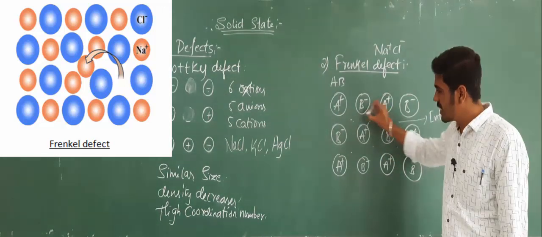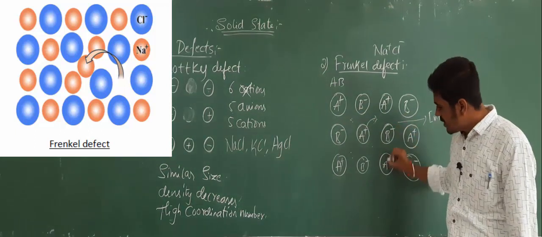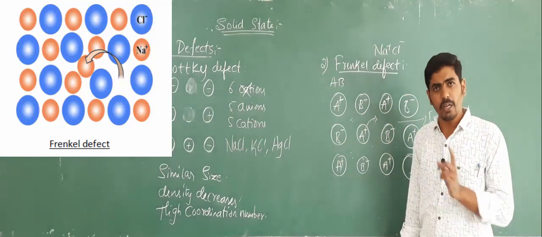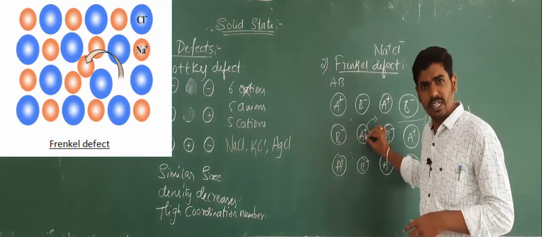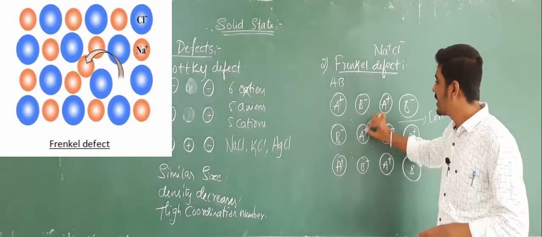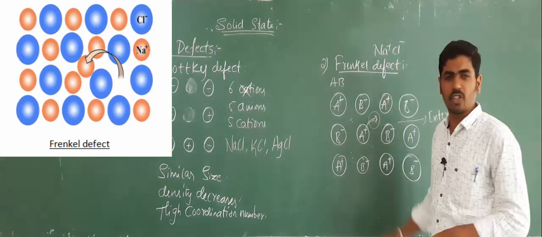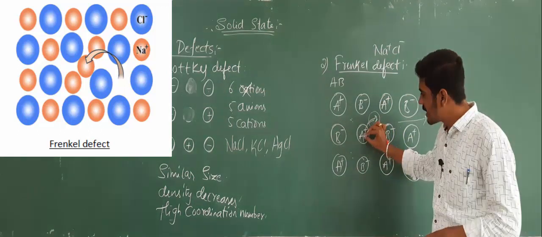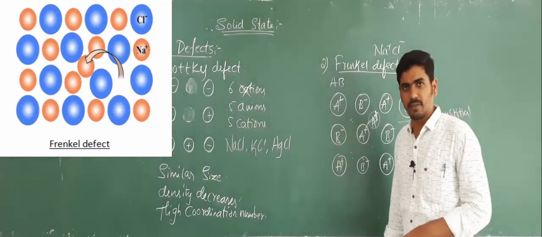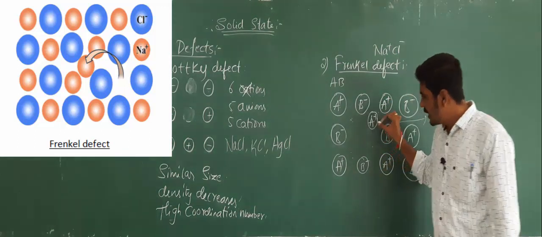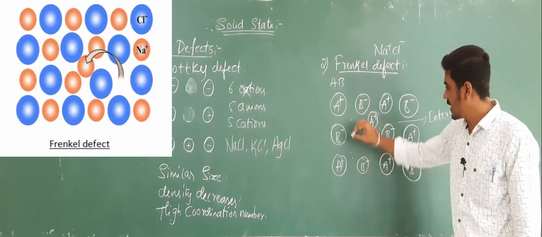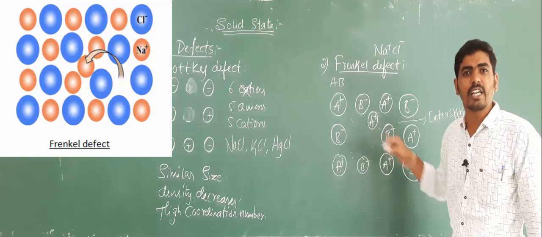This is the interstitial site and this is the original site where the cations and anions are actually present. From that original site, the cation A plus is displaced and will move to this interstitial site. Thus, when it moves here, a defect arises in this crystal because the arrangement becomes irregular.